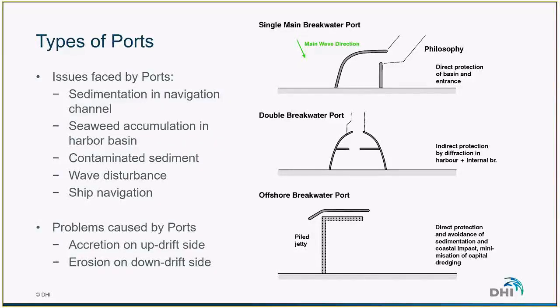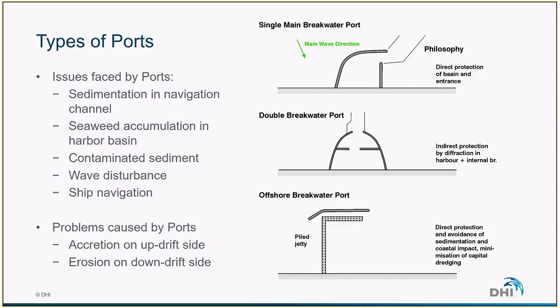We typically distinguish 3 types of harbors, and these three types of harbor have different characteristics. The first one is a single main breakwater port, which works by protecting the basins from the main waves by the use of a usually curved breakwater.